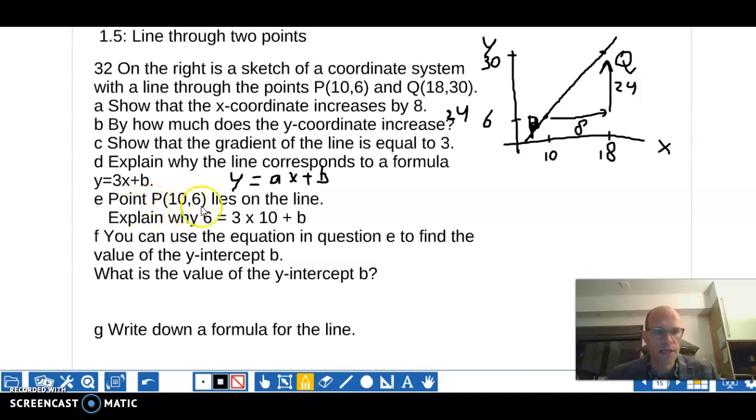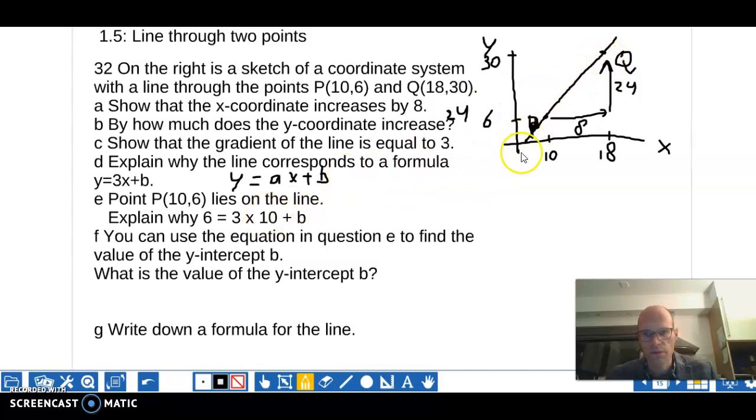E. Point P (10, 6) lies on the line. Explain why 6 is 3 multiplied by 10 plus b. Well, a formula is a way to show which points lie on the line. If the formula is correct, then the point lies on the line.